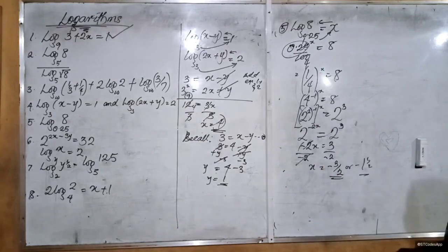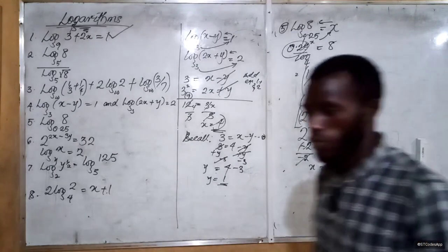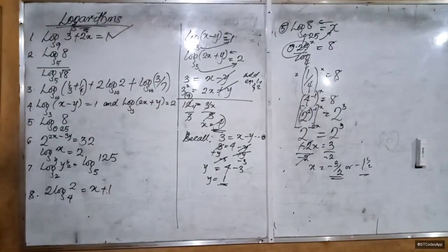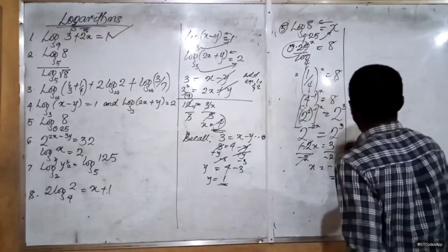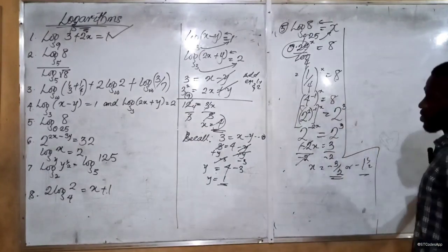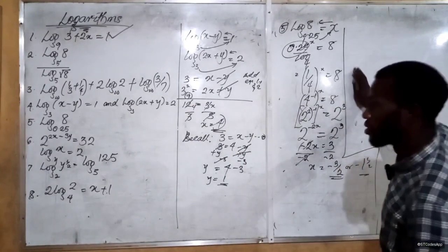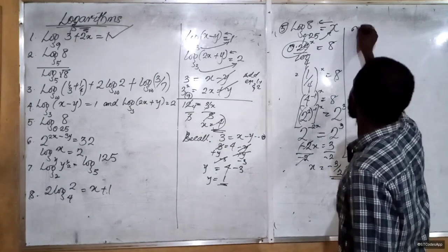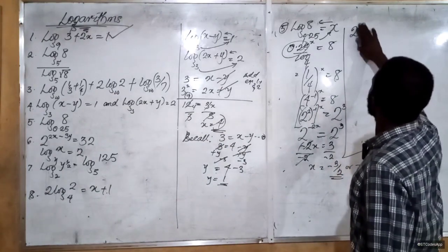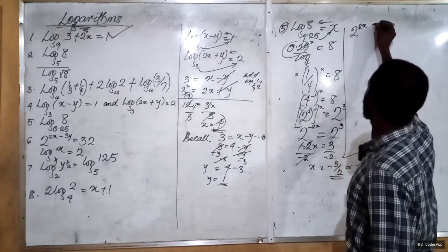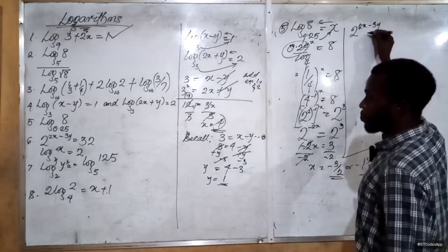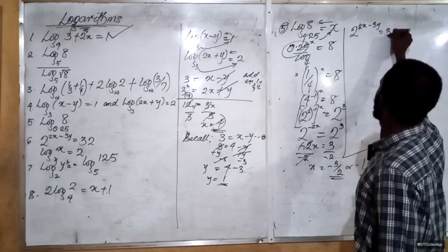So, the next one is more like a simultaneous equation as well. Let's see if we can solve it here. So we have log, or no, there is no log there. That is 2 raised to power 2x minus 3y is equal to 32.